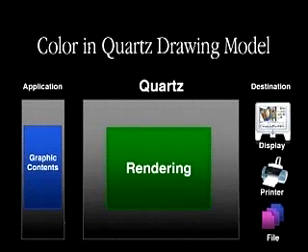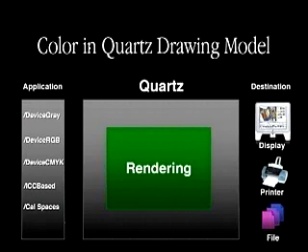Let's see now how all the things I was talking about come together to provide the desired color processing in the Quartz drawing model. From the top-level perspective, there are three main components involved in this model: an application generating the graphic contents, Quartz providing the rendering services, and the destination for the rasterized data.